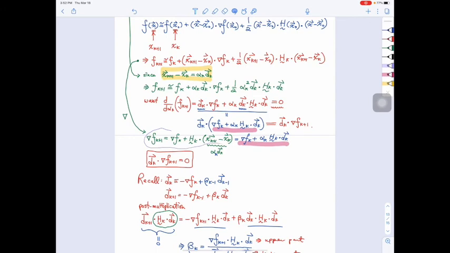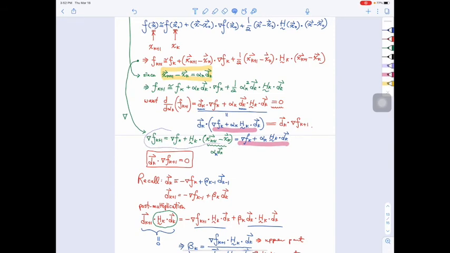Okay? So now we want to do something with this lower part. What should we do? Let me see. Okay. In order to do this, we are going to start from this guy again, this equation.